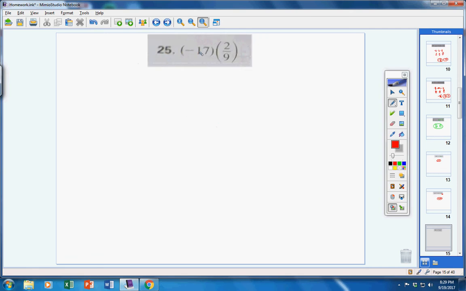Number 25, we have a negative times a positive, which is negative. Then we have 17 over 1 times 2 ninths, which would be 17 times 2 is 34, 1 times 9 is 9.